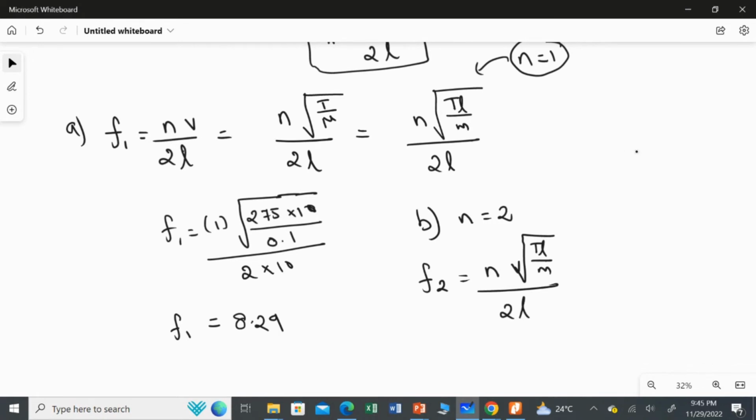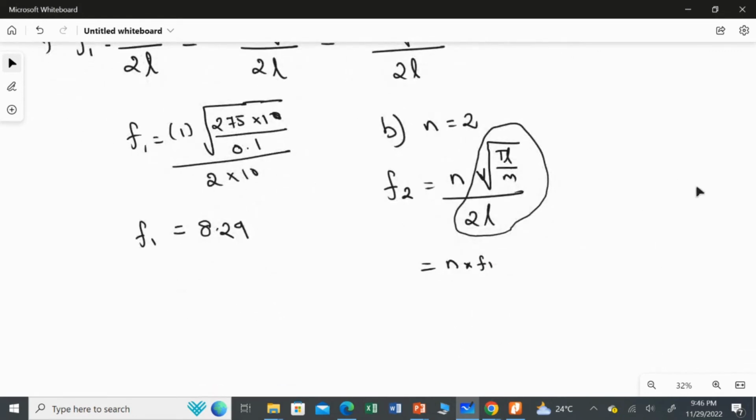When you substitute n equal to 1, only this part becomes 1, and the rest of the terms are exactly the same. So there's no need to substitute the values again and again in this rule. This part is nothing but our f1, so I can directly write n multiplied by f1. We already got the f1 value.